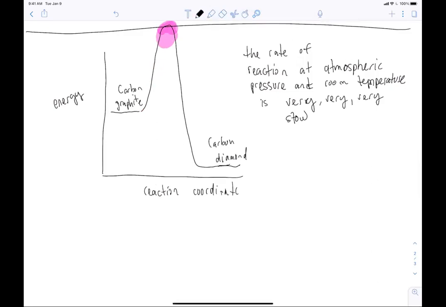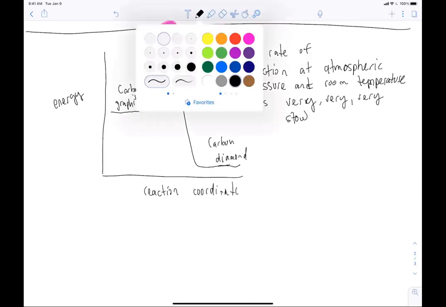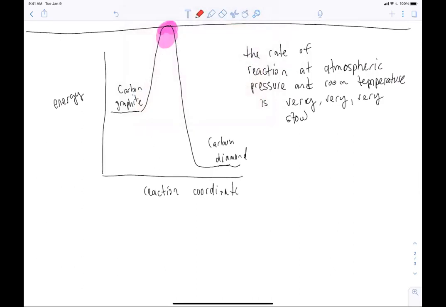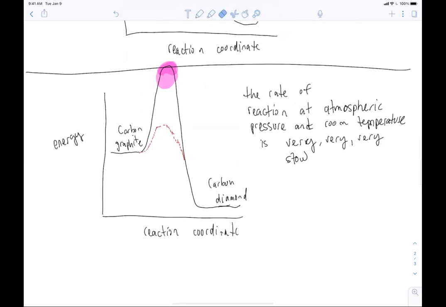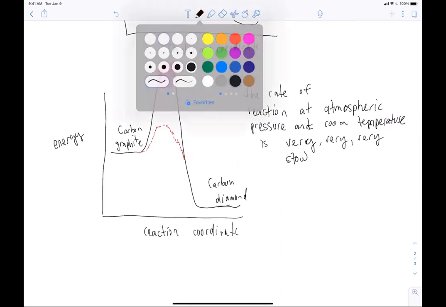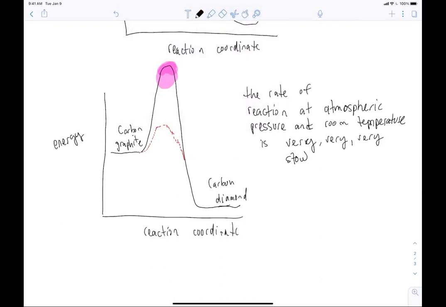So a catalyst, for example, could be used to lower the energy of the transition state.